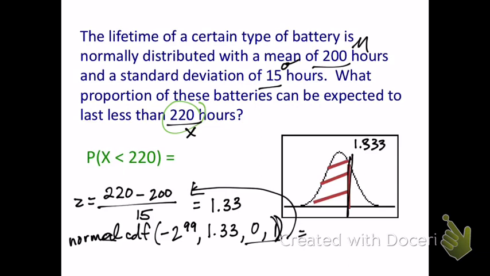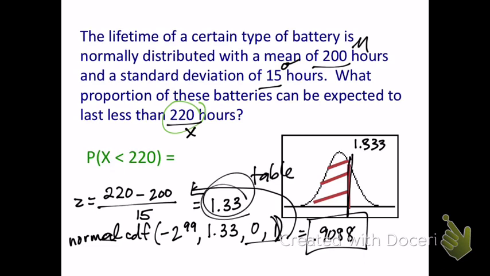So when I do that, I get 0.9088. So I could do my table using this value, or I could do normal CDF. Those are 2 ways. That's the long way to do it.